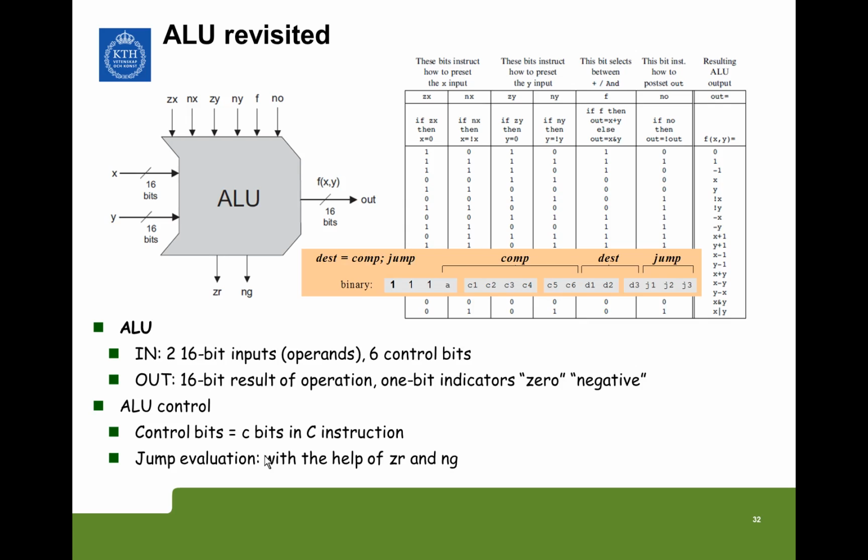Okay, let's have a quick look at the arithmetic unit. The arithmetic unit has two 16-bit inputs for two operands, 6 control bits, one 16-bit output, and 2 control bit outputs.